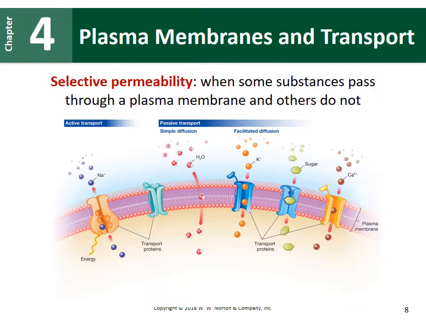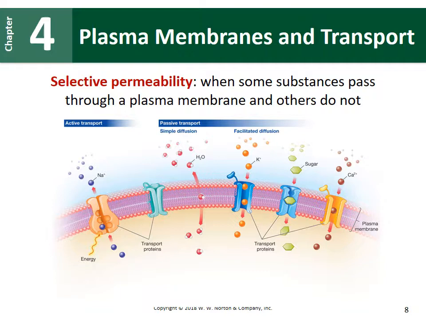This plasma membrane, besides defining the cell, another big thing is that it is selectively permeable. So this means that some substances can pass through the membrane very easily, whereas other substances do not pass through. And being able to pass substances through the membrane is very important because cells can bring in good things like nutrients or water.